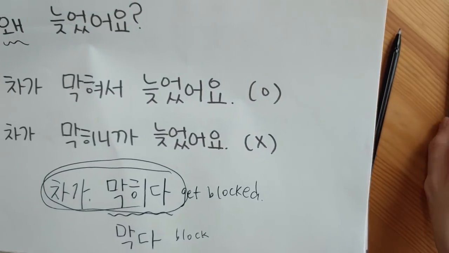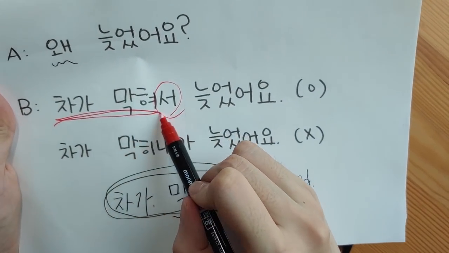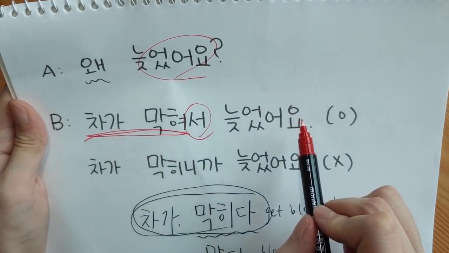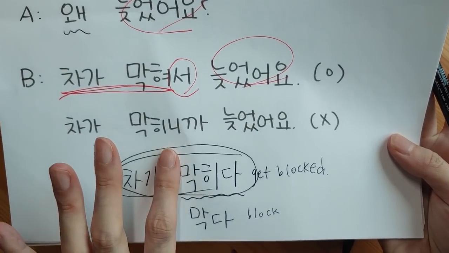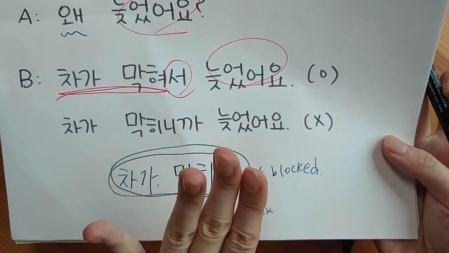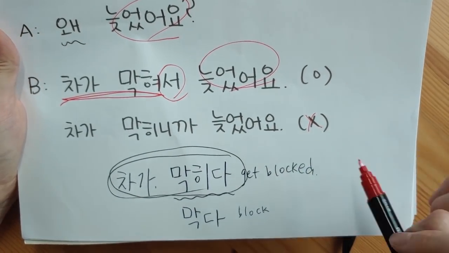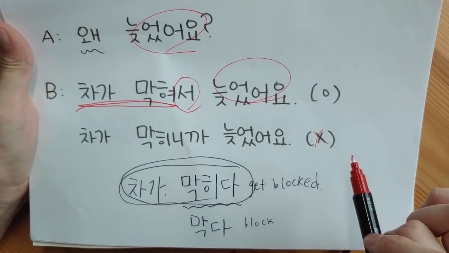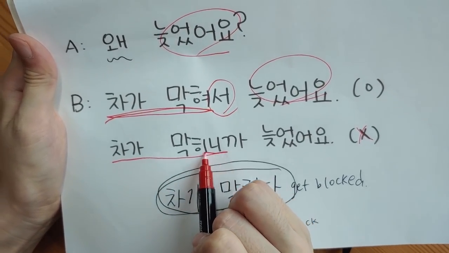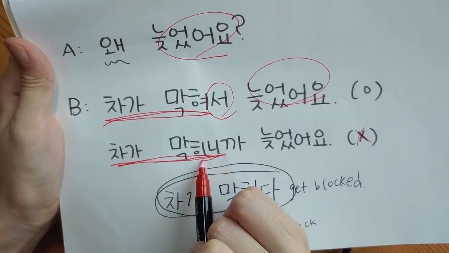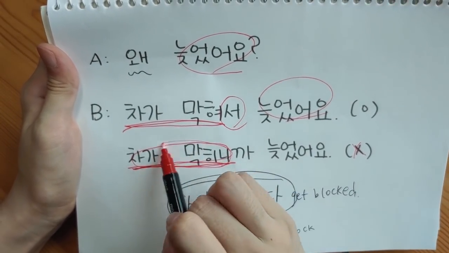So this is the right one because person B is talking about the general reason for him being late, right? But when you say 차가 막히니까 늦었어요, this is not a good way to say it, and oftentimes it can sound a bit rude because it kind of sounds like person B is demanding that A already know the reason of there being a traffic congestion.